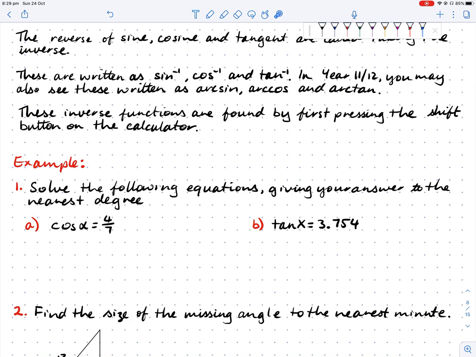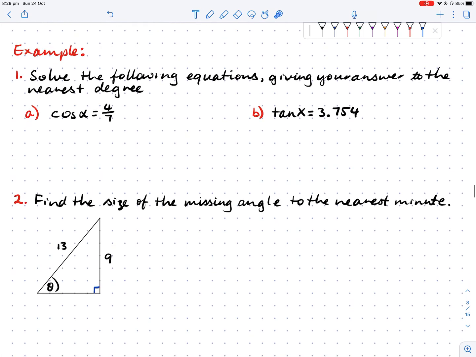So how we go about solving these sorts of problems, usually we've got a question where we don't know what the angle is, but we know the fraction or the value of the trig component.